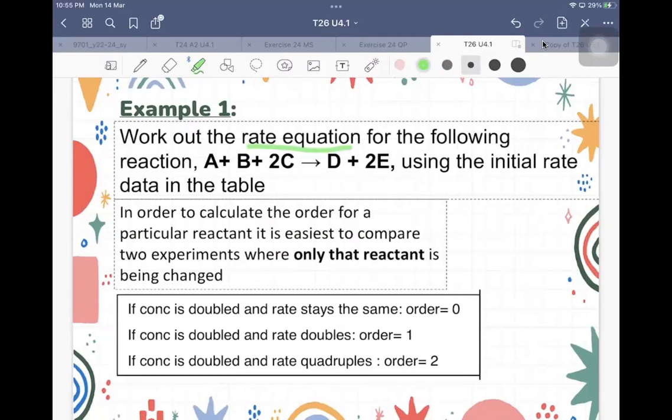So usually we look at the reactants. In this case, it's the A, B, and C. The reason for this is because the reactants are the ones that we can adjust. By adjusting, I mean changing the concentration and then taking the initial rate of reaction.